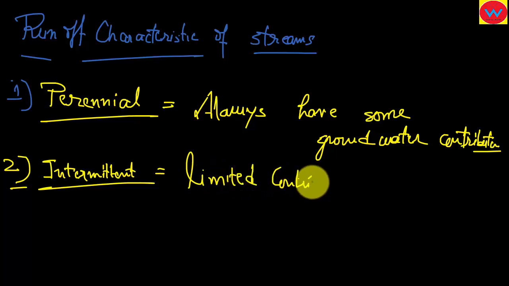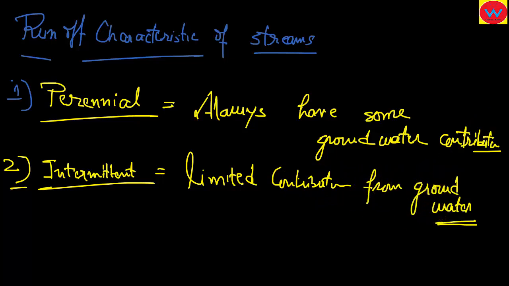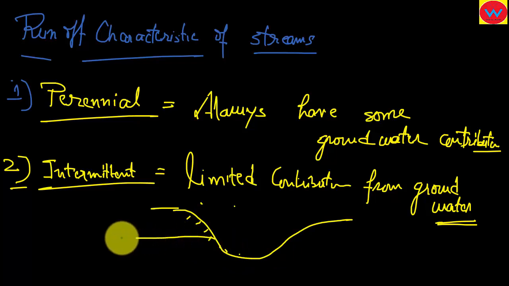Intermittent flow has some limited contribution from groundwater. And during wet season, the water table is above the stream, and there is contribution of base flow to the stream flow. But during dry season, the water table drops to a level lower than that of the stream bed. What it is saying is that suppose this is the bed of the stream, and in wet season, in rainy season, you have your groundwater level, and there is contribution to the river.